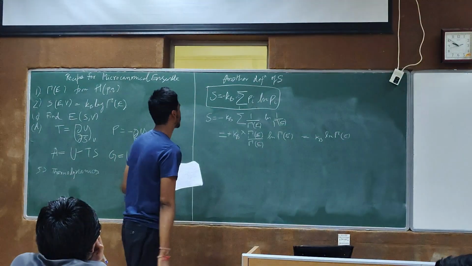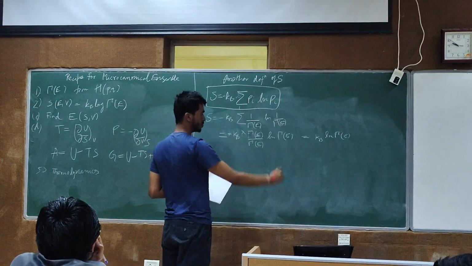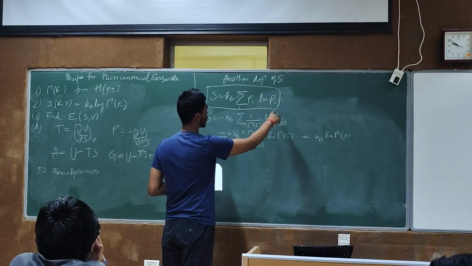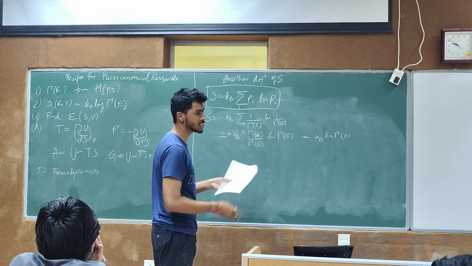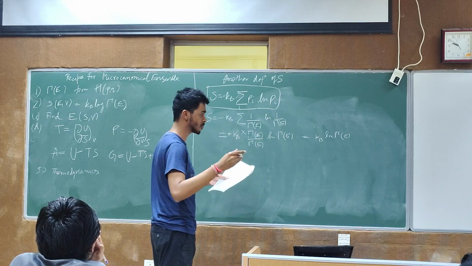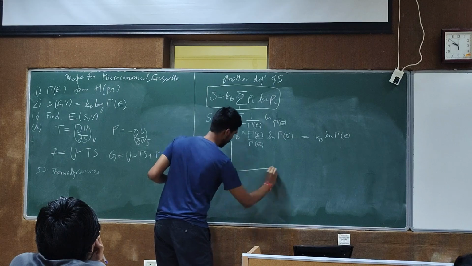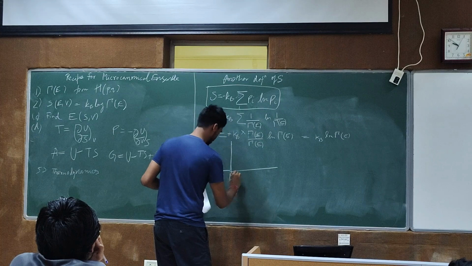And so what does this imply? This S is like a measure of the disorder in the system. If your probability distribution is sharply peaked at one value, suppose it's like this, this is some microstate.